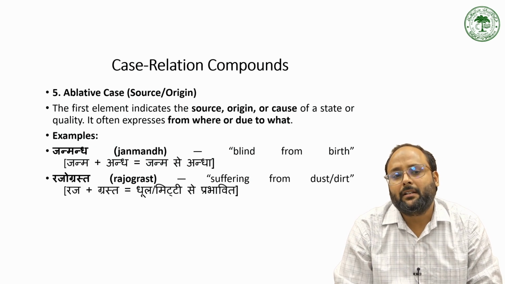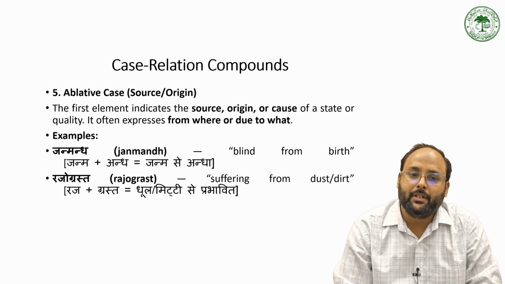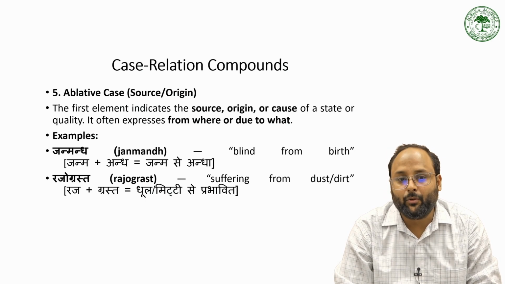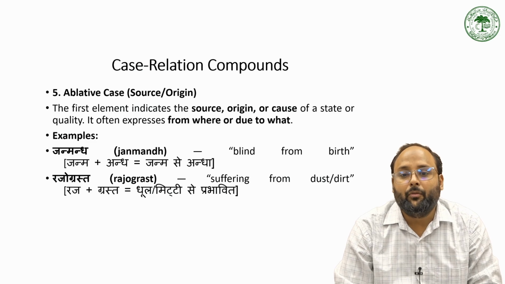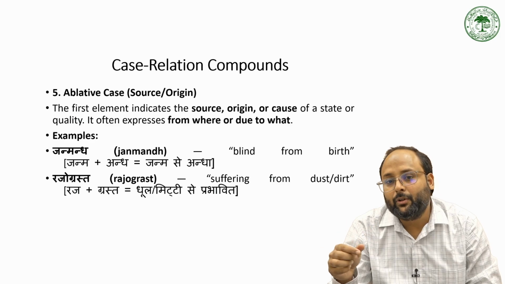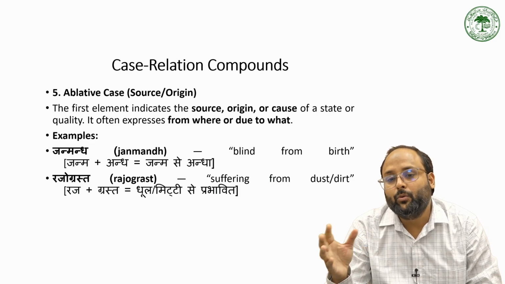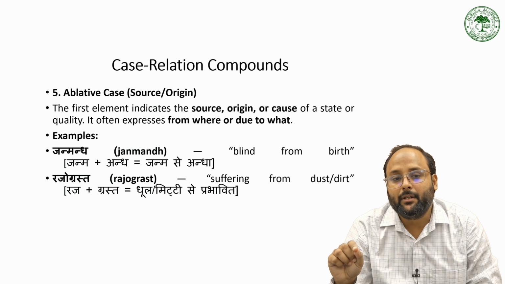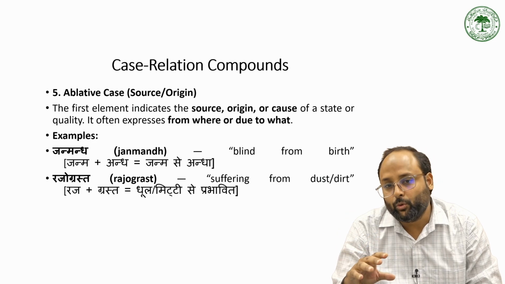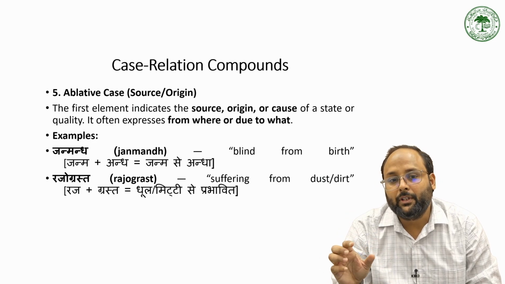And the other type of case relation compound is the ablative case compound. In the ablative case compound, the first element indicates the source, origin, cause, or the state of quality. It often explains from where and due to what. Like the example Janmandh. In Janmandh, Janam se Andha, we get the cause, source, or origin for the Andha.